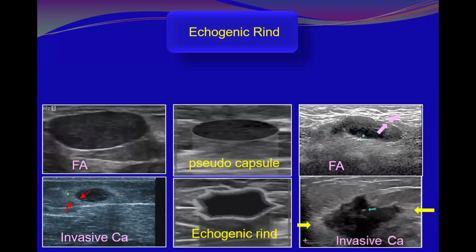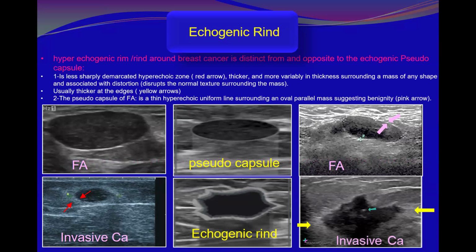Okay. What is the difference between this and this? Both are echogenic. What is the difference between the pseudocapsule and the echogenic rim? Okay? So obviously, the pseudocapsule is usually seen associated with fibroadenoma or with benign lesions.